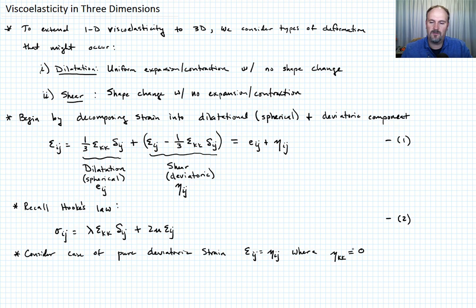The trace is 0 for that. So we may write equation 2 then as sigma ij equal to lambda epsilon kk, which is now equal to eta kk, which we said was 0 because it's deviatoric. That term drops out entirely, and we're left with 2 mu times eta ij. Let's call that equation 3.